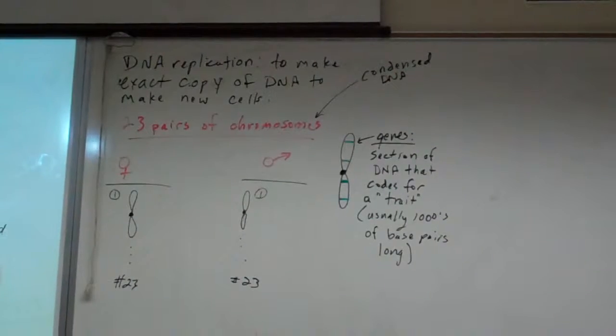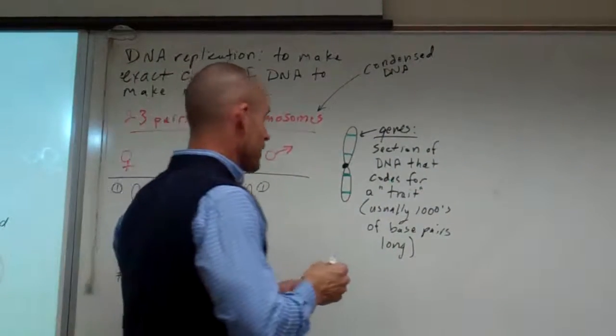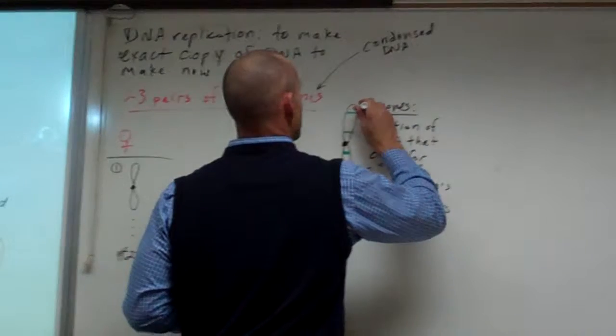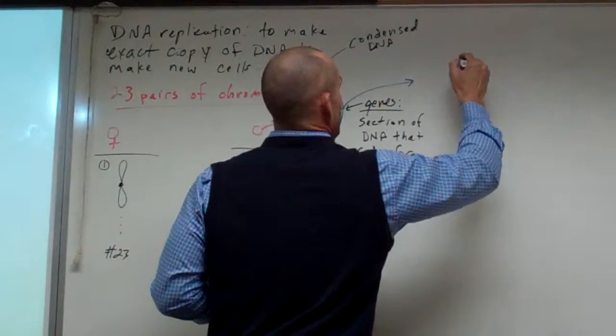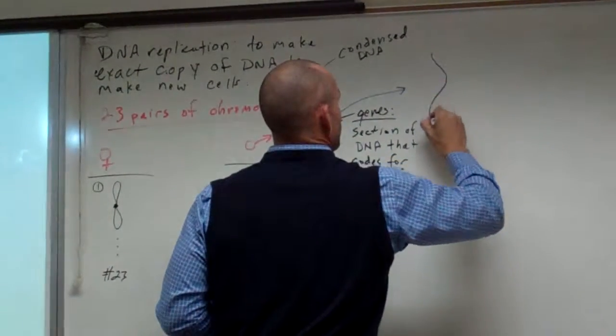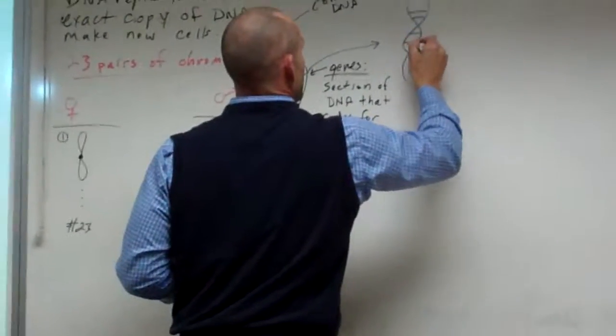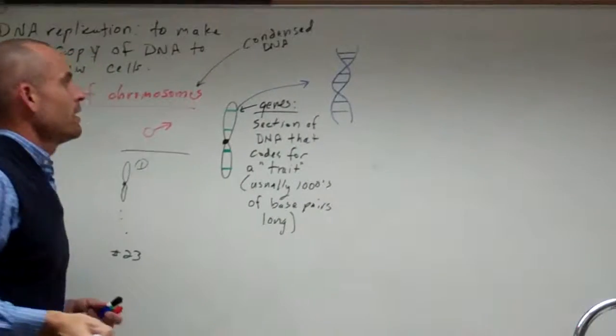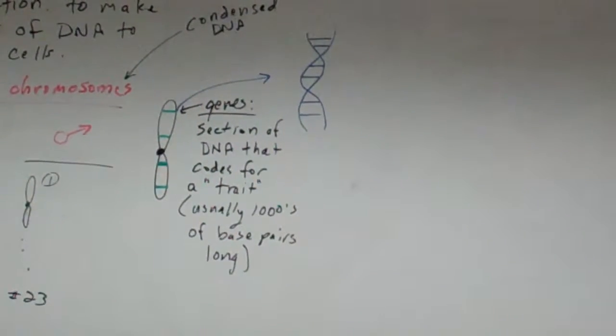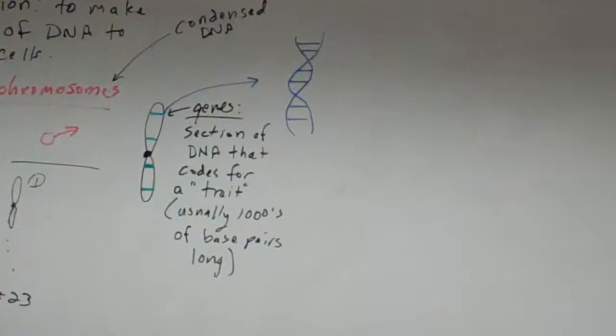Okay, let's expand this and blow it up a little bit. It's kind of like we did on the coloring sheet. I'm going to take this section right here and make a little double helix. That's our condensed DNA. Then I'm going to take it one more step.